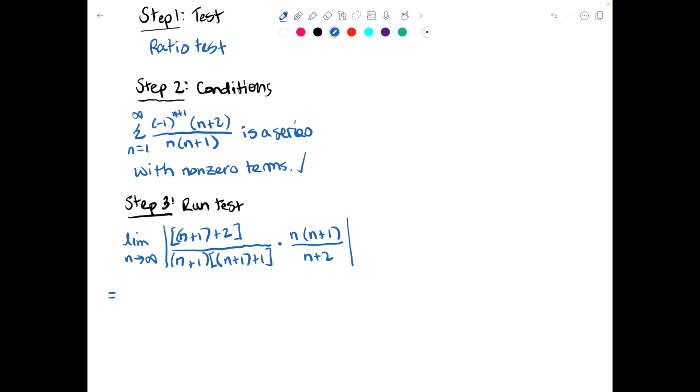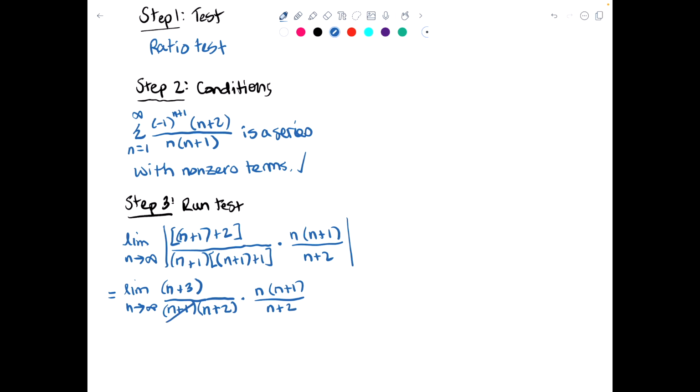So this will be equal to the limit as n approaches infinity of... let's see what we end up with. We will simplify this. We'll have n plus 3 over n plus 1 times n plus 2 times n plus 1 over n plus 2.